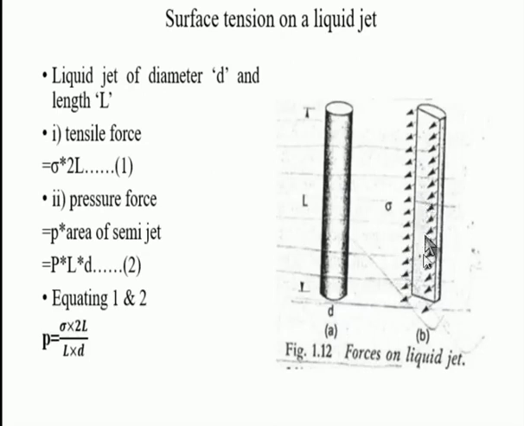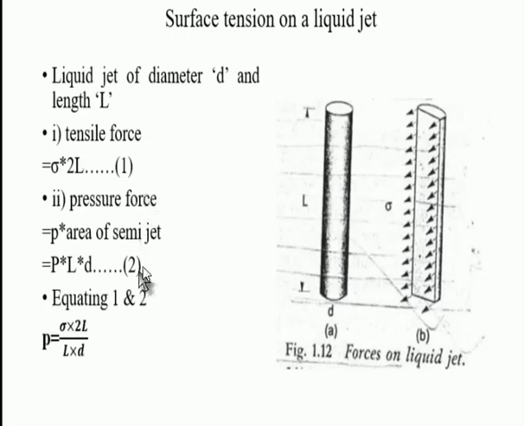Again you can cut it into two halves, and it is subjected to the tensile force, denoted by sigma. So the tensile force is given by sigma into 2L, one L on this side and another L on the other side. That is equation number 1. Again, the pressure force is P into the area of the semi-jet, which is given by P into L into D. That is equation number 2.